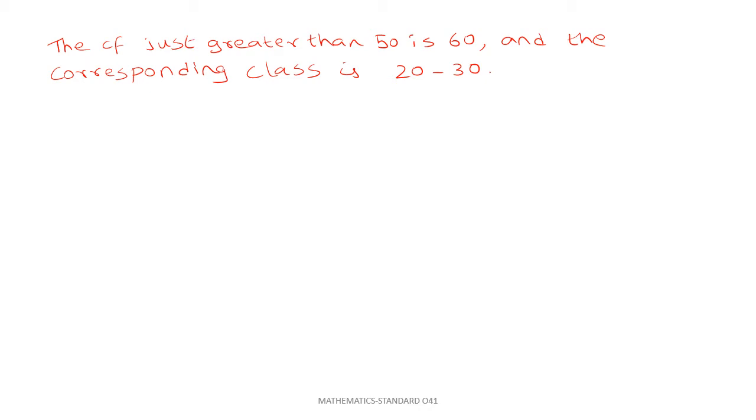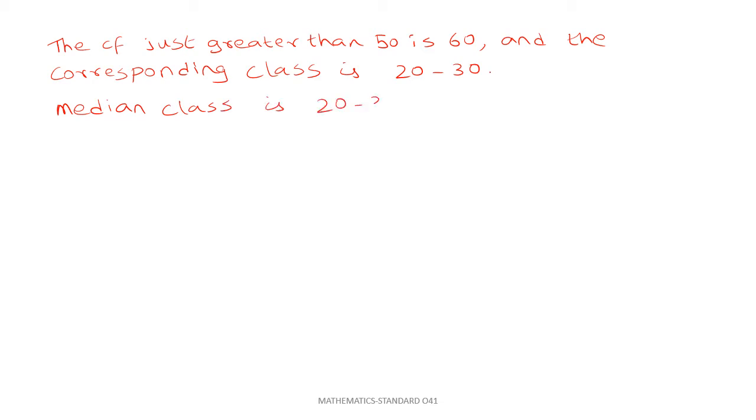So from the given data, our n by 2 is 50, the value greater than that is 60, so the corresponding class is 20 to 30. So we found the median class.